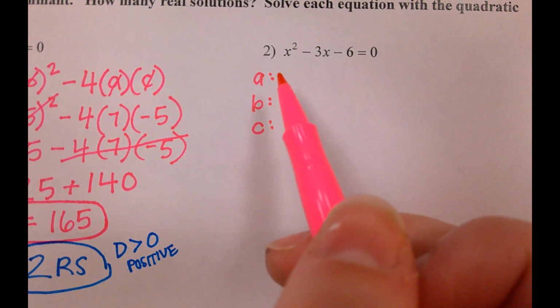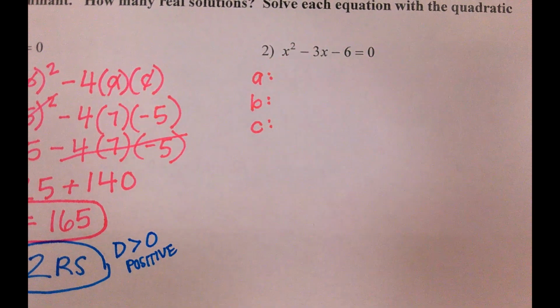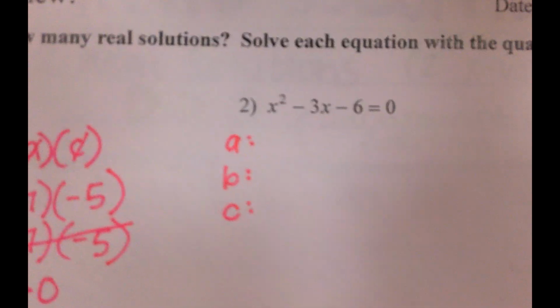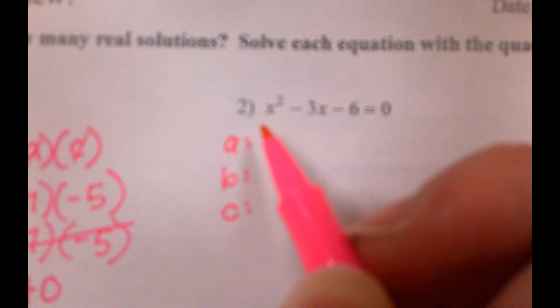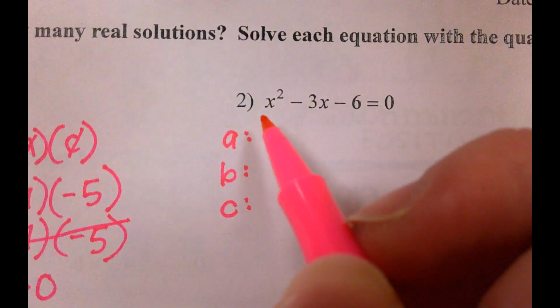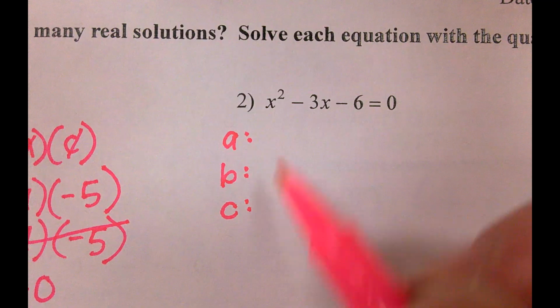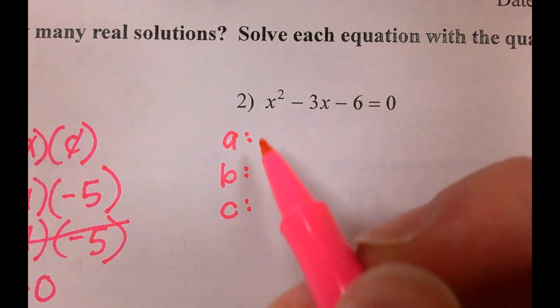X squared. So we're using the x squared term to decide what A is. Remember, A, B, and C will never have other letters in there or other variables, just numbers.